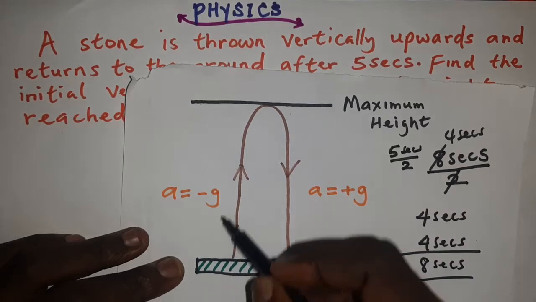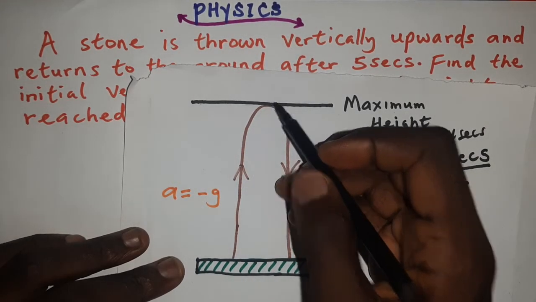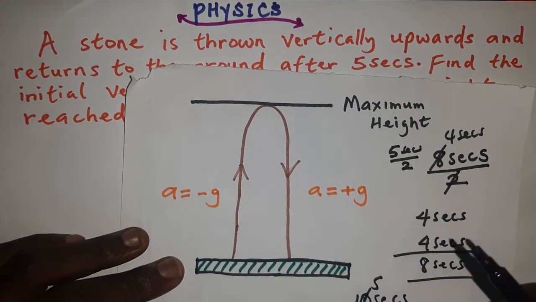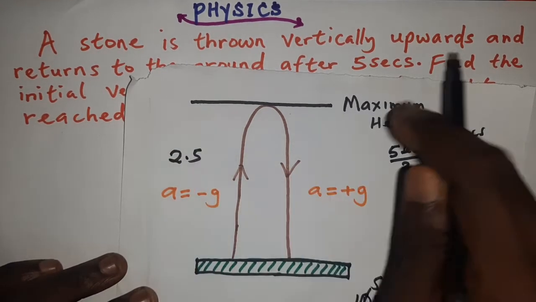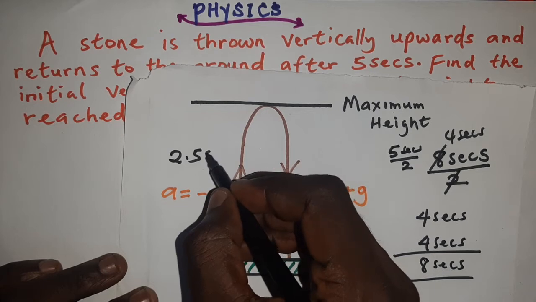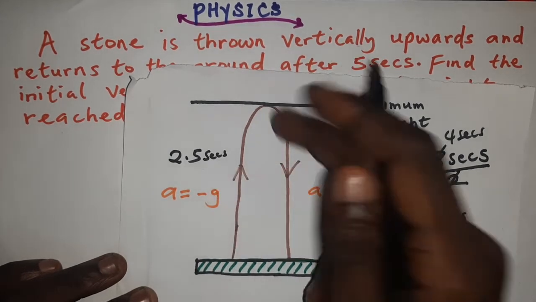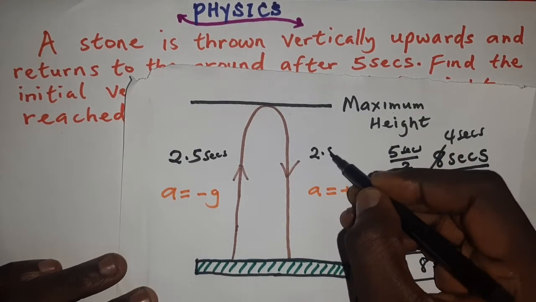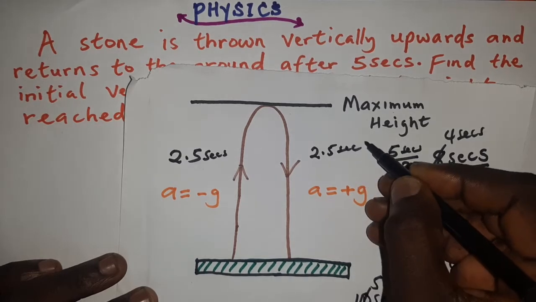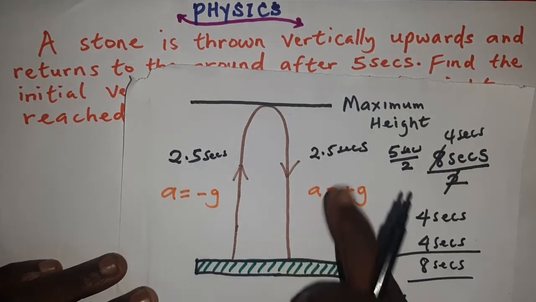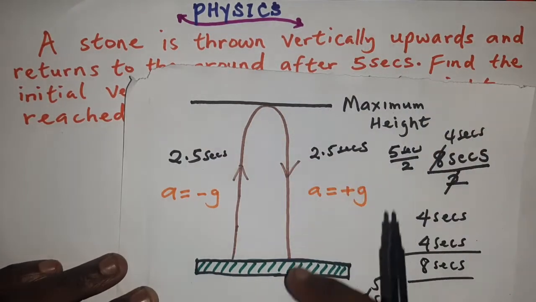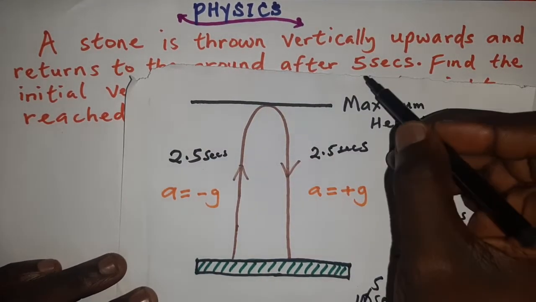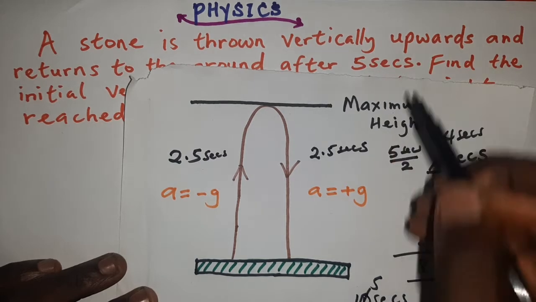And what is 5 divided by 2? 2.5. It means it spent 2.5 seconds going up and another 2.5 seconds coming down. If you add the 2.5 it spent going up and the 2.5 it spent coming down, it will sum up to 5 seconds.